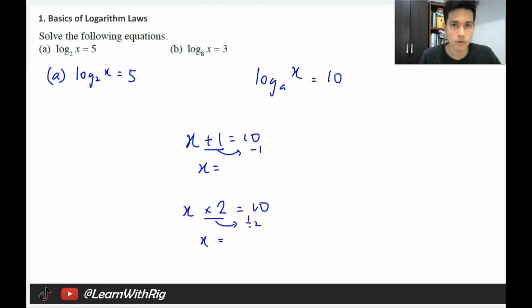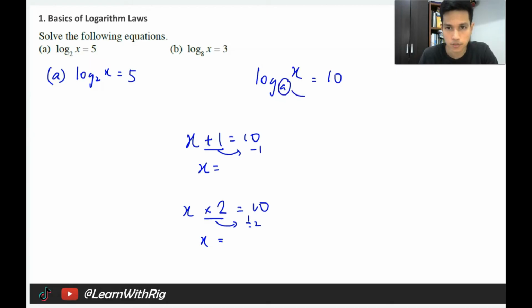Now, this is how basic mathematics works. When it's plus 1 on the left, you bring it to the other side and it becomes minus 1. When it's times 2, you bring it to the opposite side and you get divide by 2. It's always the opposite sign. But for log, when you bring this log A to the opposite side, what actually shifts is this base here.